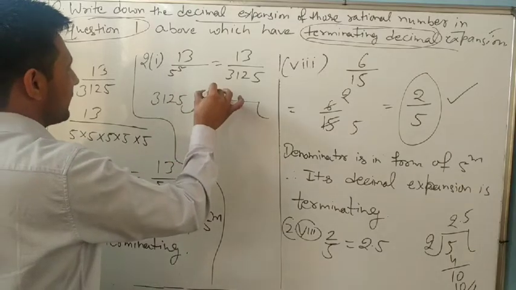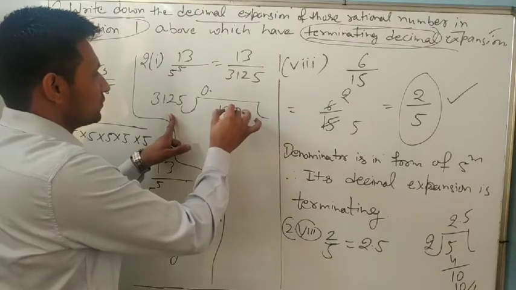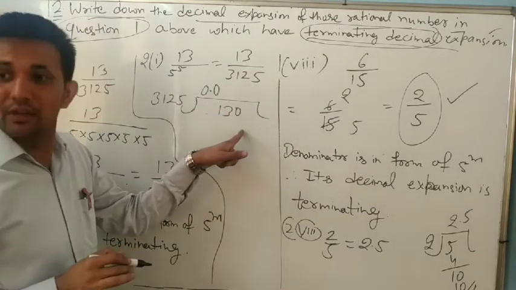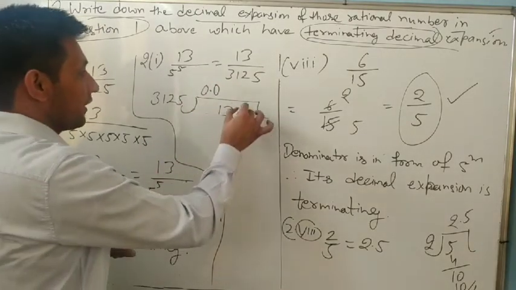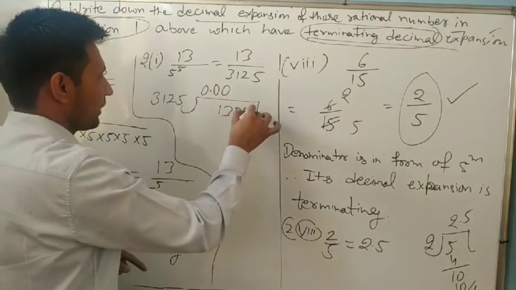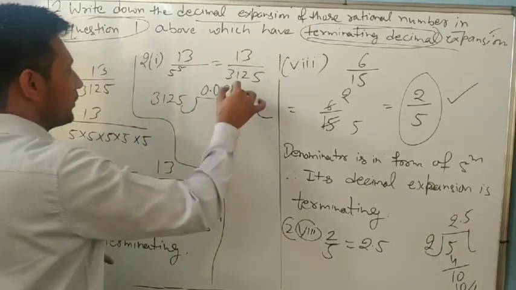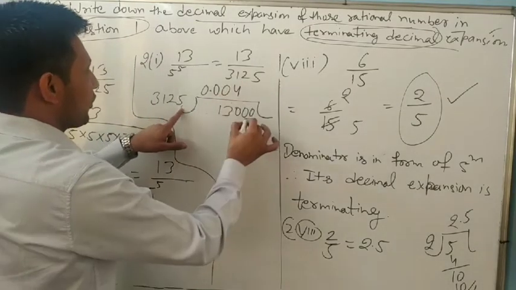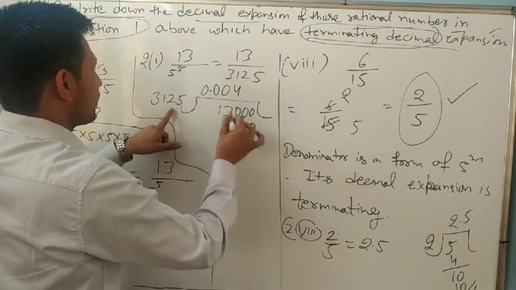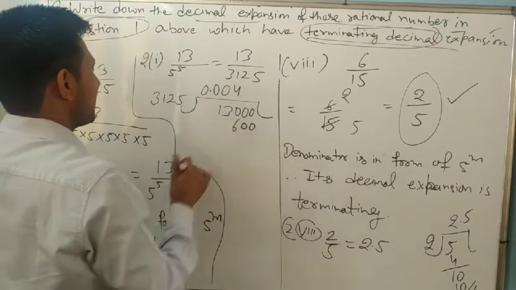First is a decimal because 13 is smaller than this. So again 10, it is again smaller, so decimal 0. It is again smaller. Now one more 0. Now 3 fours are 12, 20, 4 eights, plus 10, 4 sixes, 3 fours are 12.